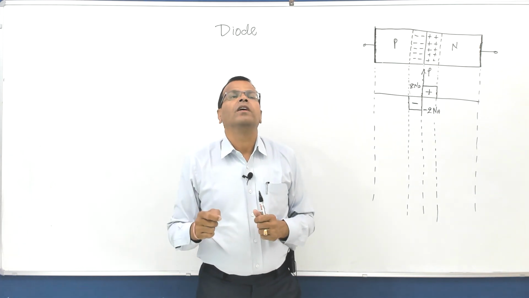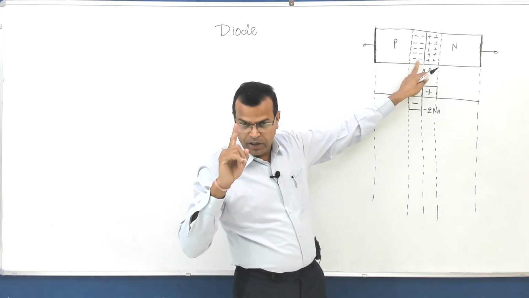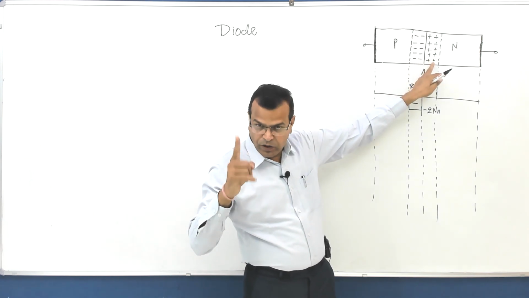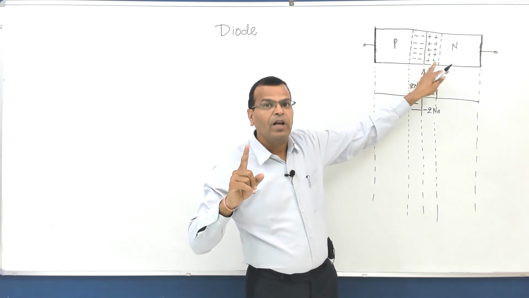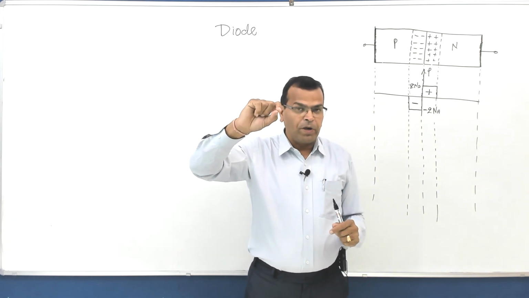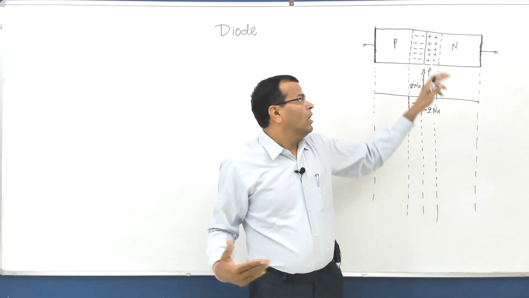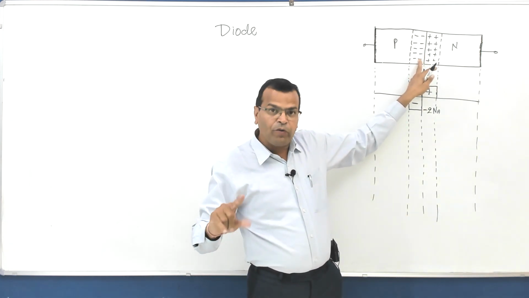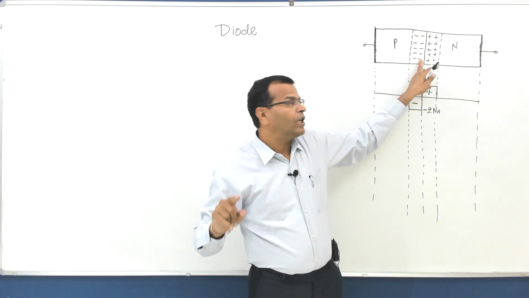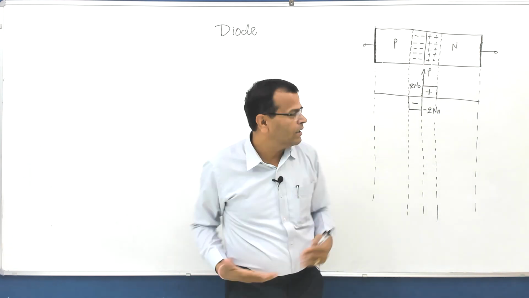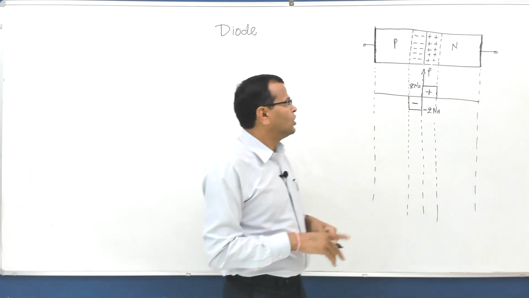These are bound charges of what? Acceptor atoms, bound charges. This is positive charge of donor atoms. So donor atoms per unit volume multiplied by charge of each atom is charge per unit volume on N side. Similarly, number of acceptor atoms per unit volume multiplied by charge of each atom is nothing but charge concentration on P side, and this is what you have, that is the charge density.